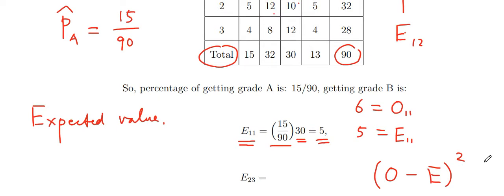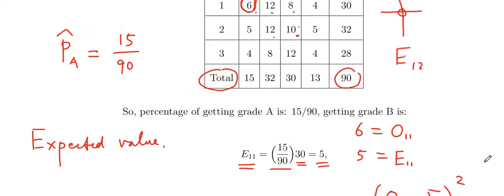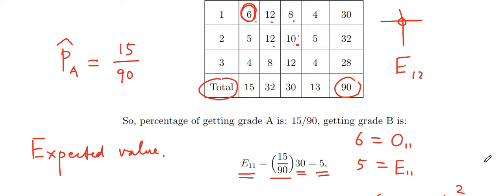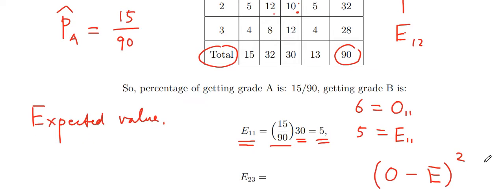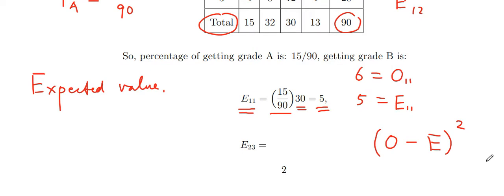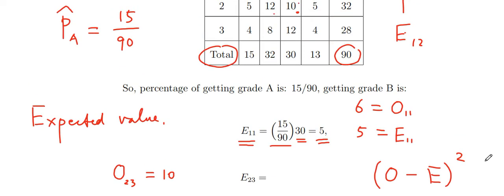E23 means class 2, category 3: the class 2 students who get grade C. So 10 is the observed value, and we want to find the expected value. We can also denote this as the observed value O23, which is 10. Class 2 getting grade C is 10.